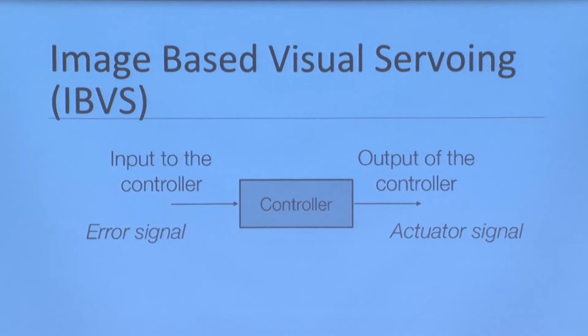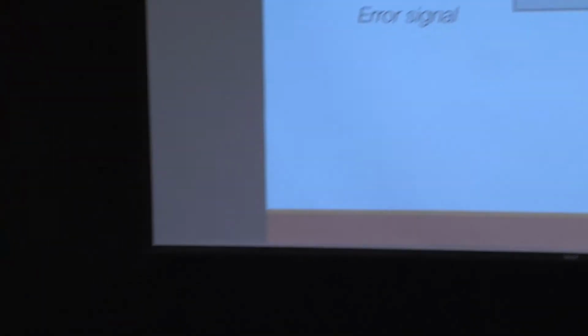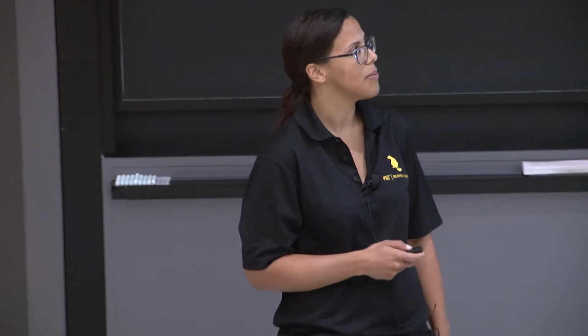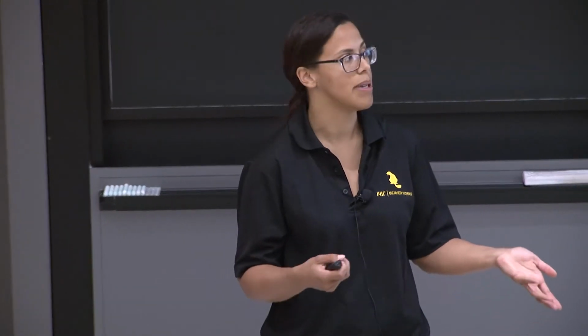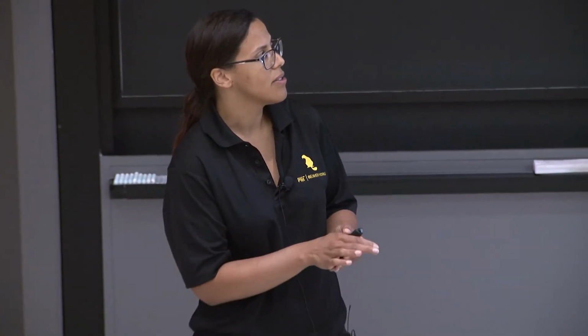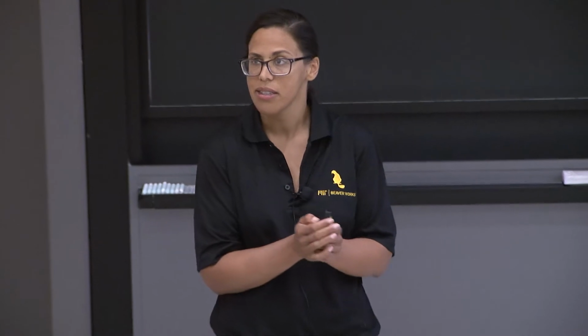So we have the canonical control problem, the input to the controller, and we have an output of the controller. For our particular application, the output of the controller will be the actuator commands. So this is going to be an Ackermann signal, so the steering angle and the velocity we want the car to drive at.